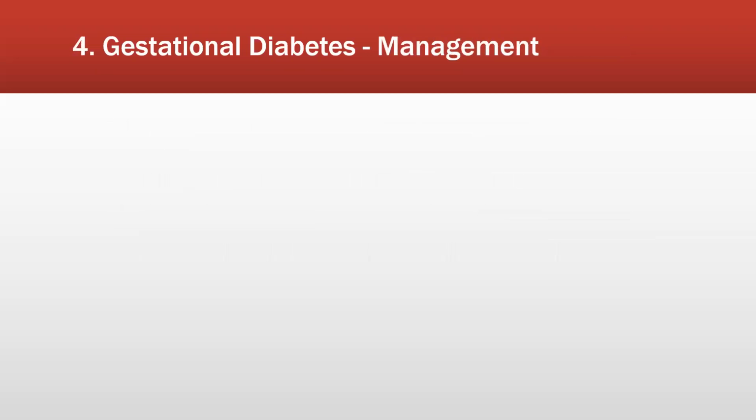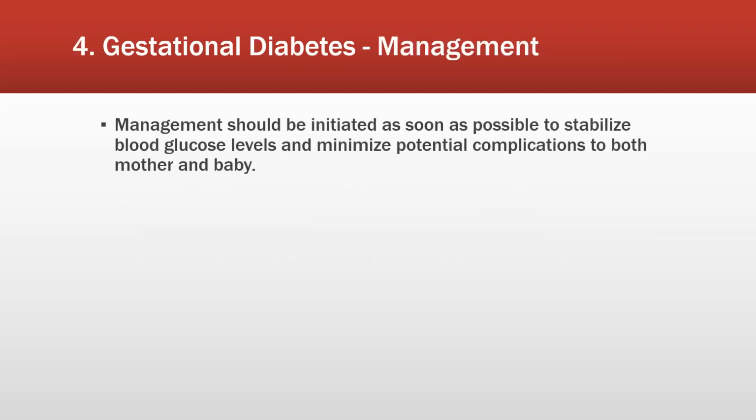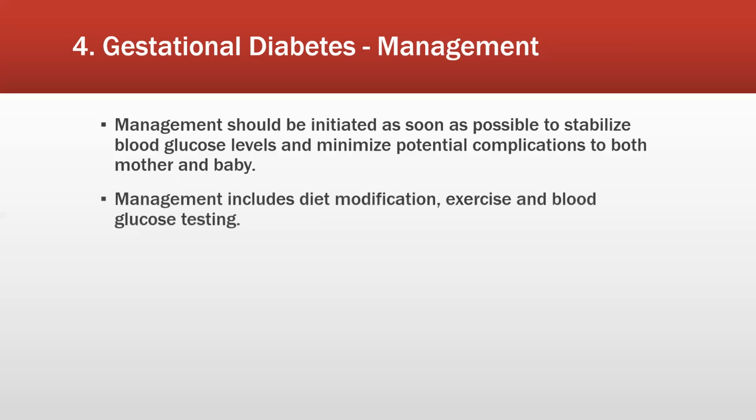So how are these patients managed? Management needs to be initiated as soon as possible, in conjunction with their OBGYN and their primary physician, to stabilize those blood glucose levels and minimize any potential complications to both mother and baby. Management is going to include things like diet modification, exercise, and daily blood glucose testing.